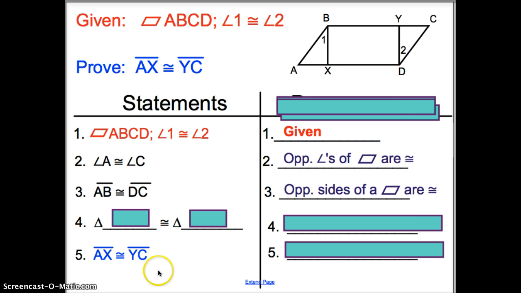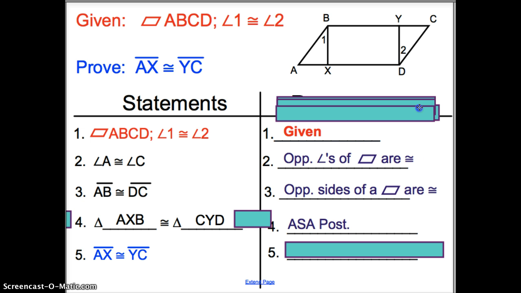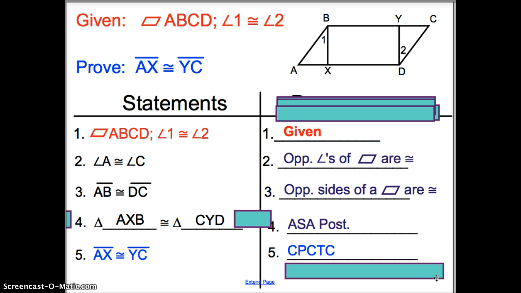From there, we can take what we learned in chapters 3 and 4 to prove that two triangles, AXB and CYD, are congruent, and the reason for that is ASA. And from there, we can then prove that the two segments AX and YC are congruent because of CPCTC.